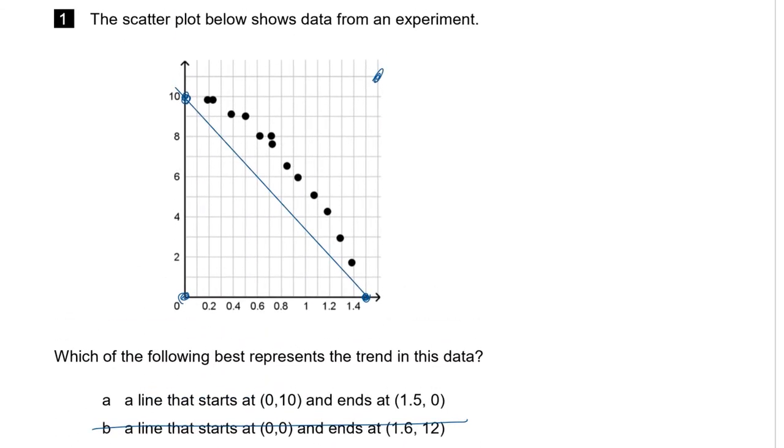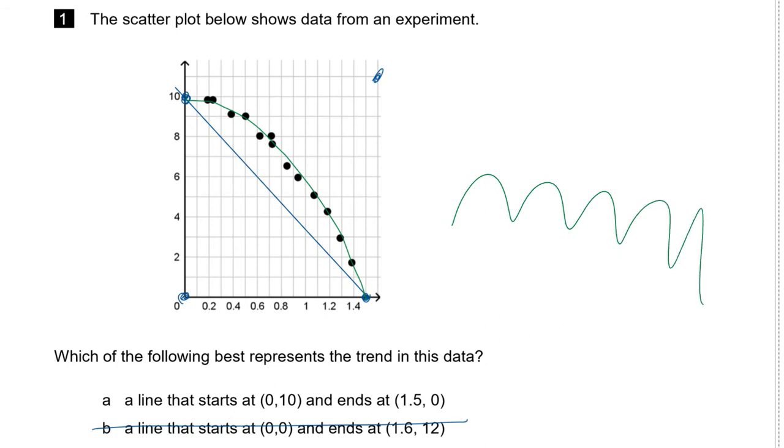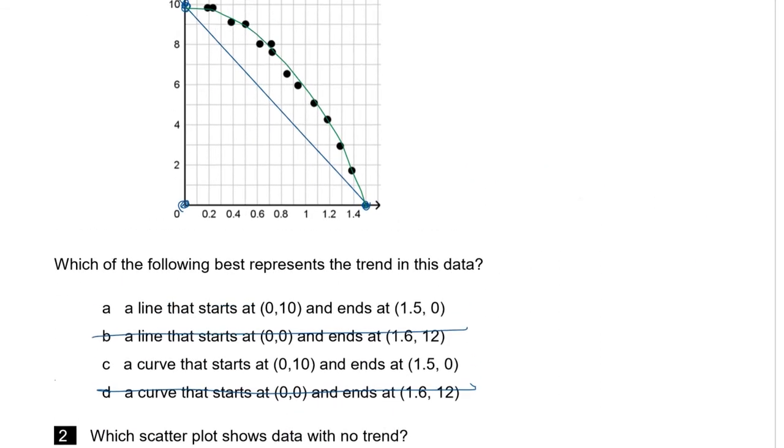Well, don't you think that is the best? So it's starting here and it's curving and ending there. So the green line looks better because it goes through all, and it's a smooth curve. I'm not doing this to hit all the points. I'm not connecting the dots. It's a smooth curve. I don't think a straight line is good. I think it's C, a curve that goes through those points.